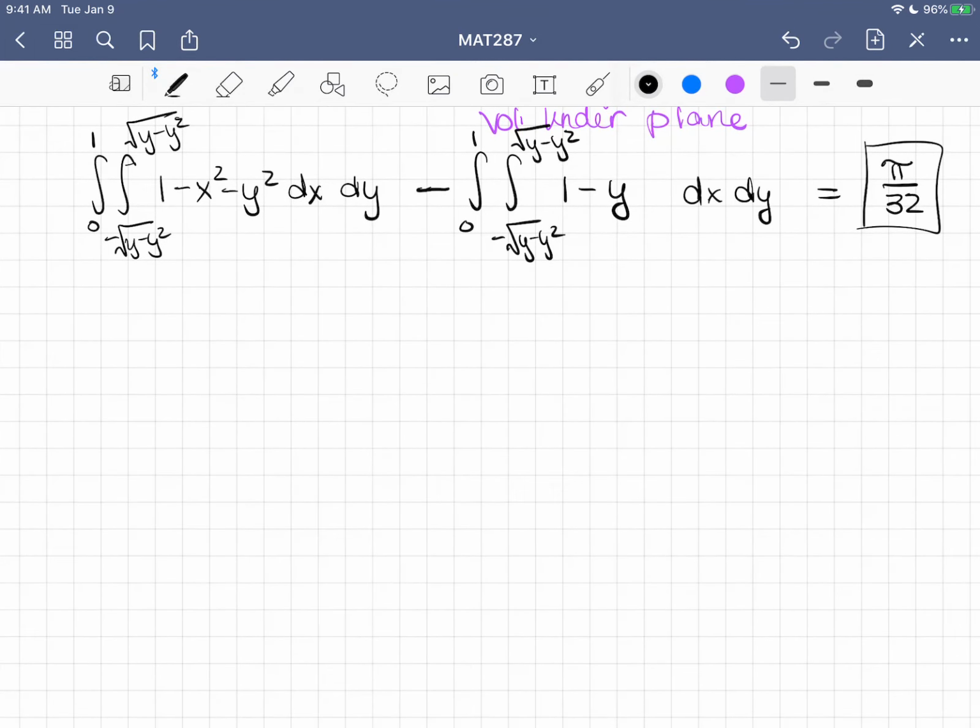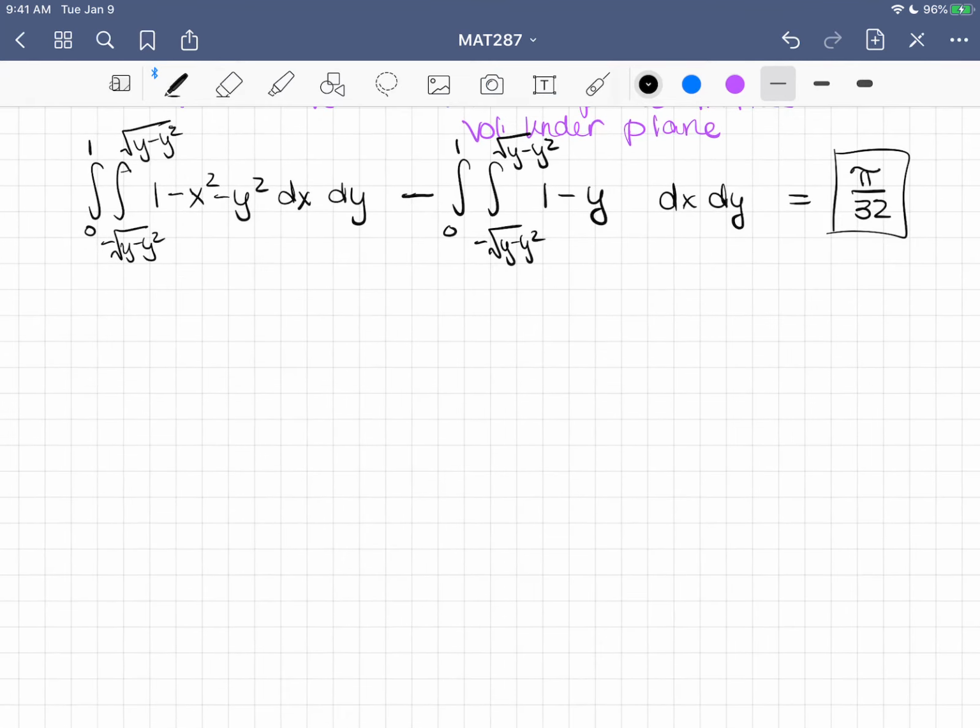We have one last topic, and that's the average value. If you remember from Calc 1, we used the integral to find the average value of a curve in a certain interval. And we can do the same sort of idea for a multivariable function.